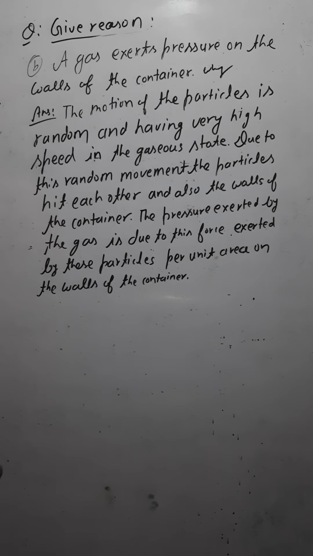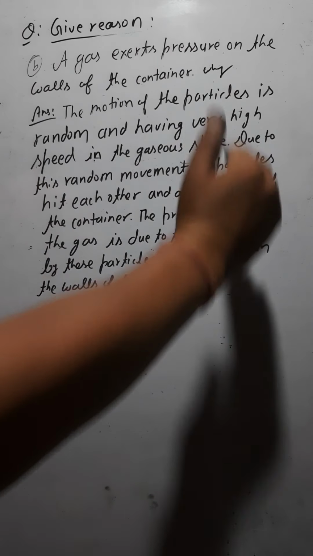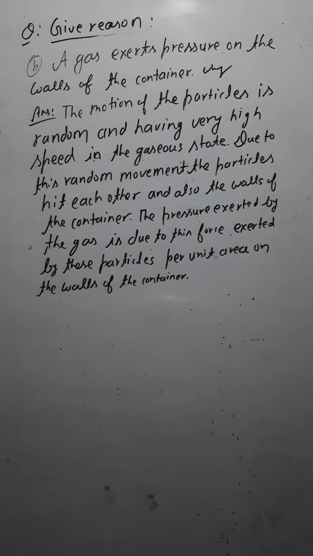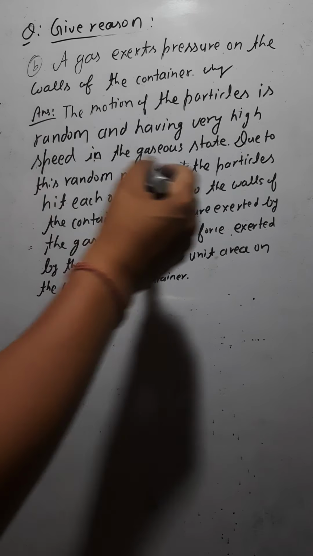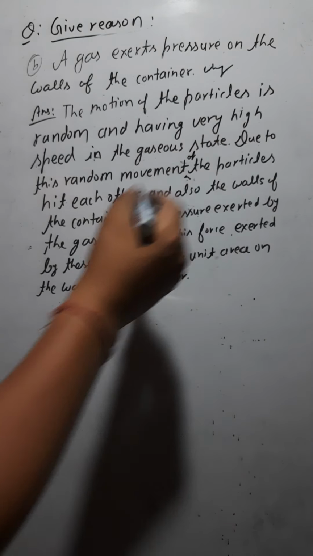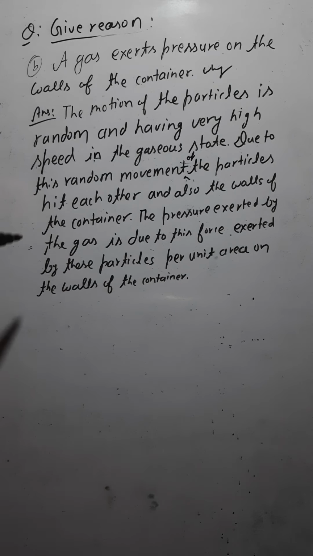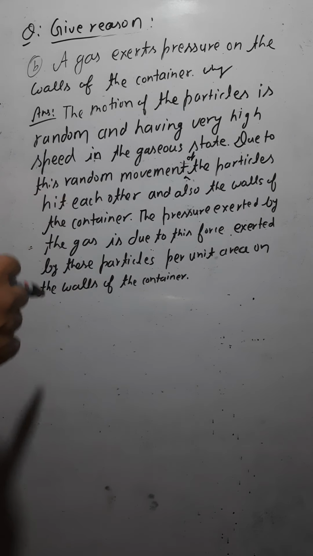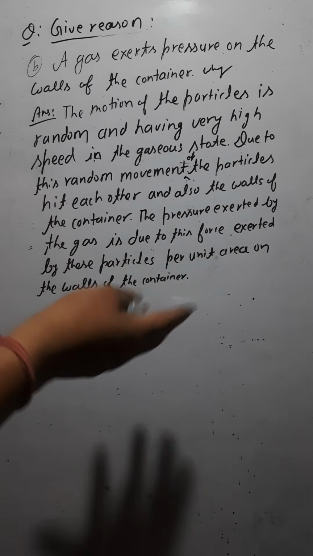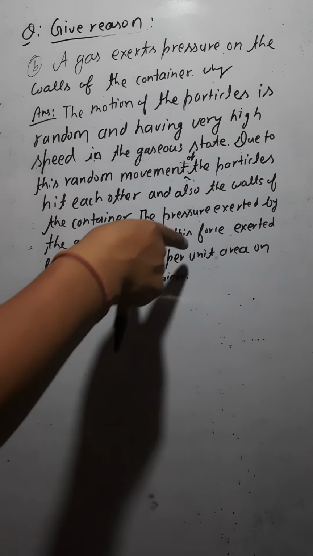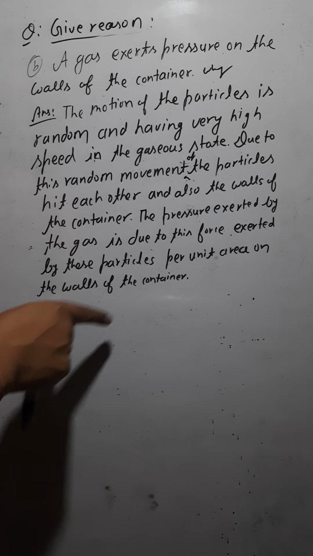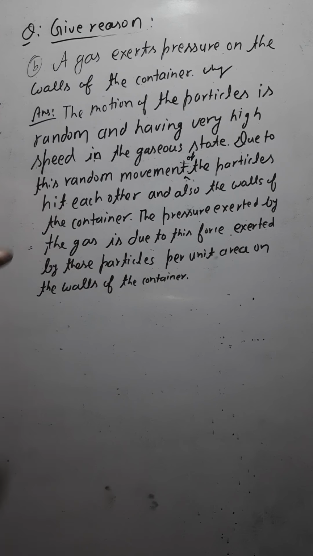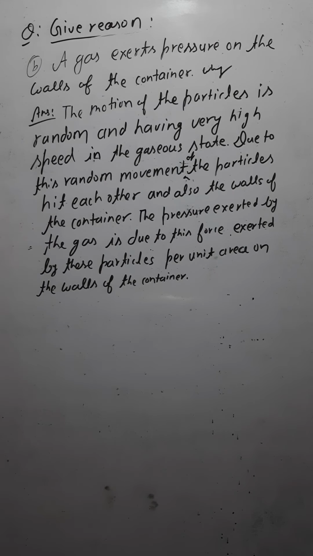So in the gaseous state, due to this random movement, the particles hit each other and also the walls of the container. The pressure exerted by the gas is due to the force exerted by these particles per unit area of the wall. That is what you have to write.